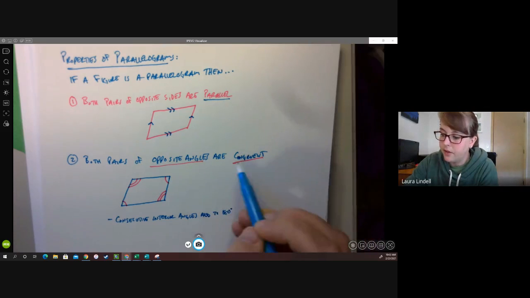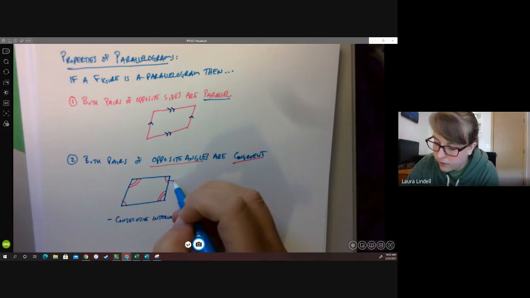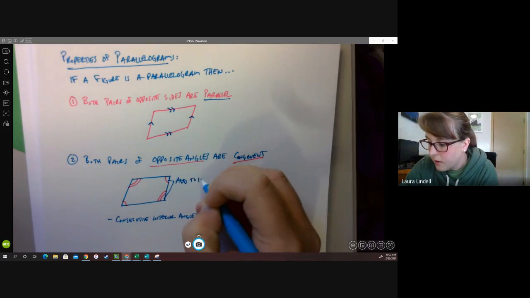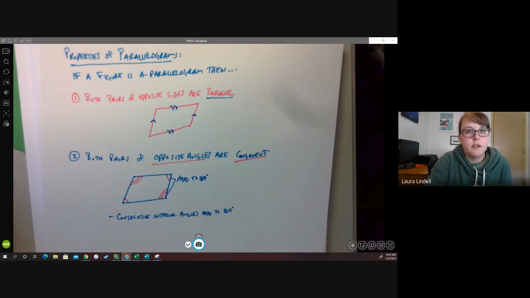So not only are these angles on the opposite corners congruent, if I take one from each, they add to 180. So that's kind of useful there.